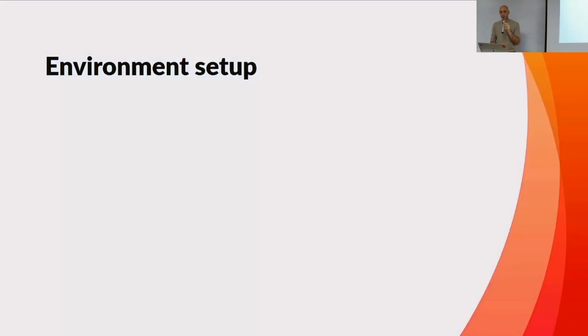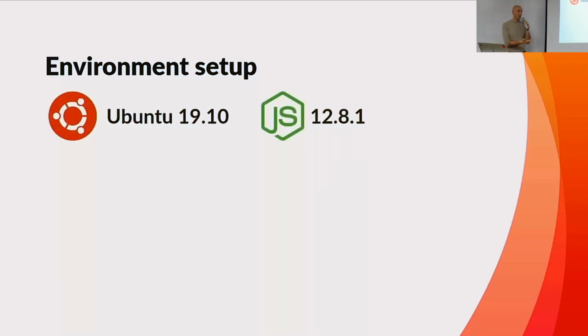So moving on, let's talk a little bit about my experience with it. Let's assume that everyone here would like to start a little bit of IoT development with me. The first thing to know is that I'm running a particular setup. I have optimized everything to run on Ubuntu 19.10 and using Node.js 12.8.1.